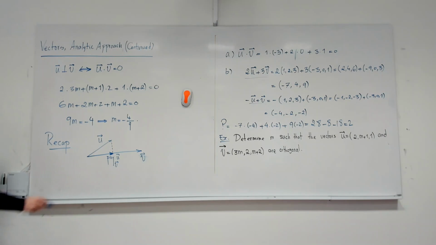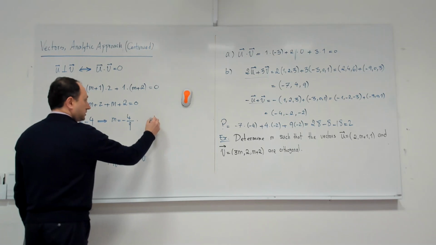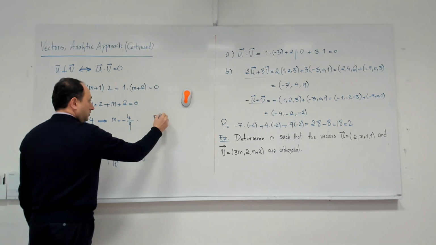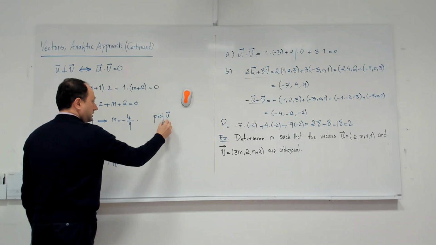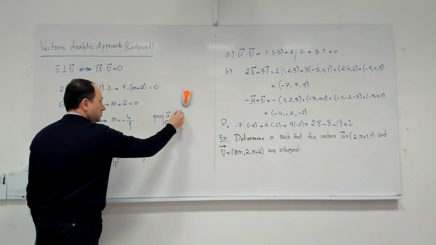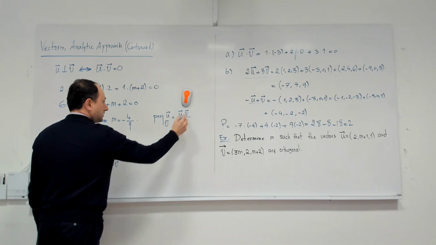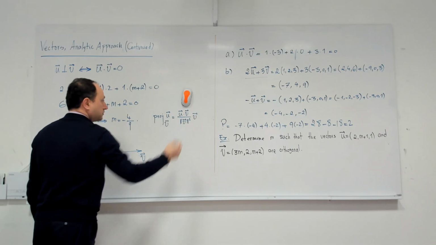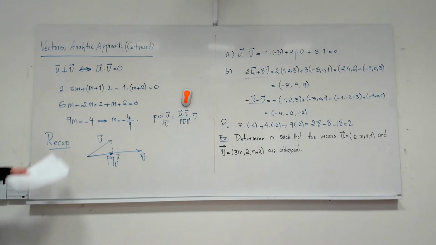And we got a formula for that, if you remember. The projection of vector u onto vector v, we learned that it becomes u dot v divided by the norm of v squared, times v. That's a very important formula in linear algebra. This is good to know, or at least know how to find it.